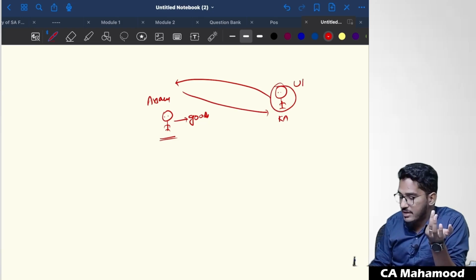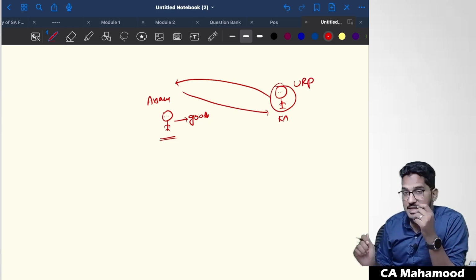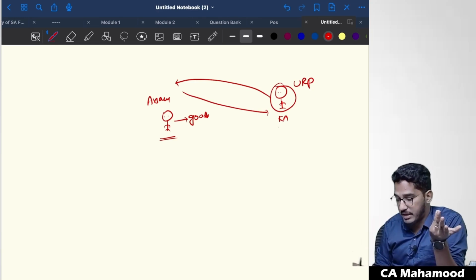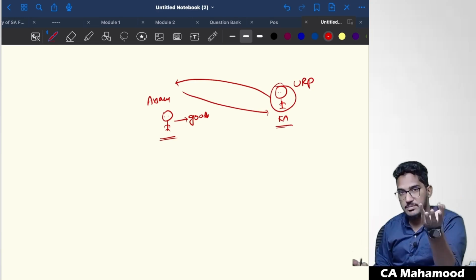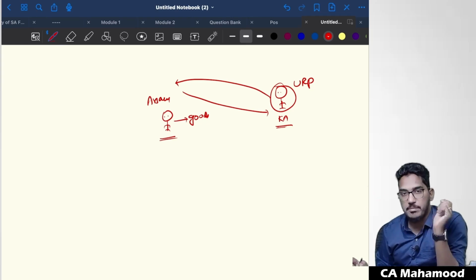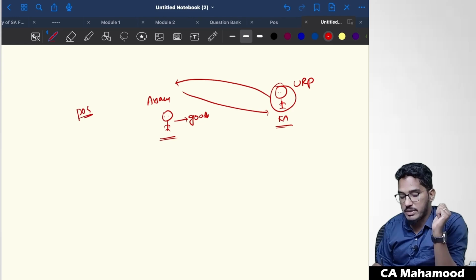This person is an unregistered person. So in these cases, how to determine the place of supply? If an unregistered person goes to some other place, buys goods in that state, and brings them back, how do we determine the place of supply?